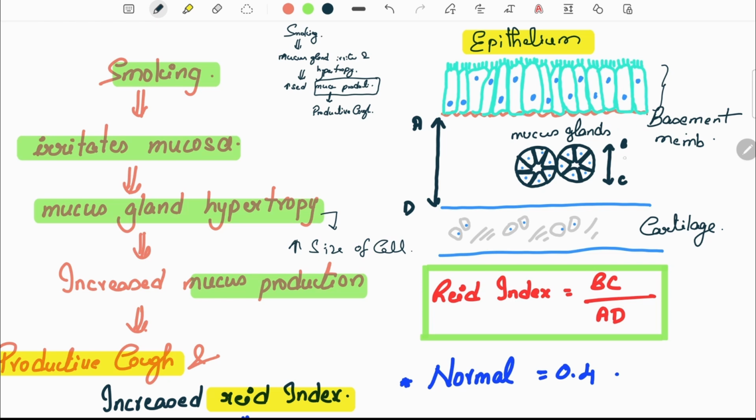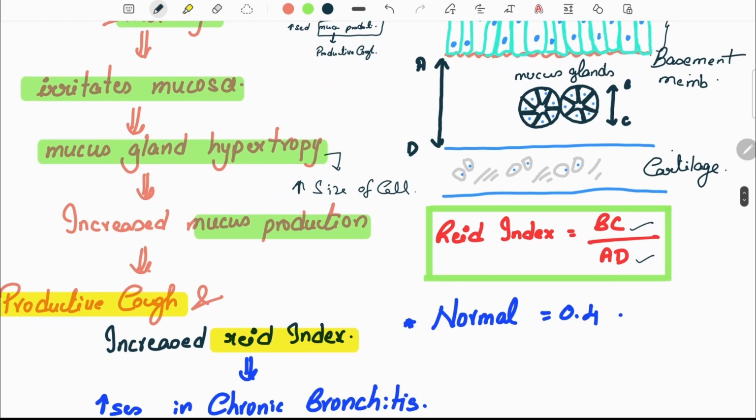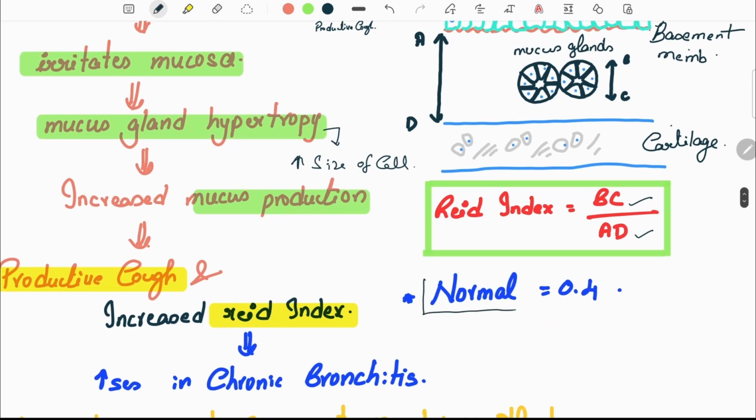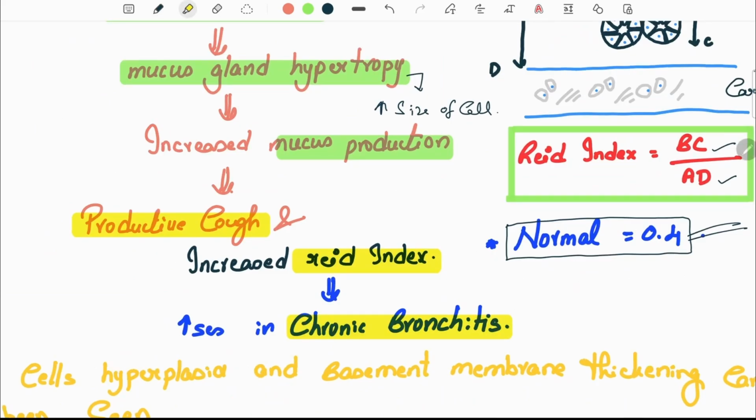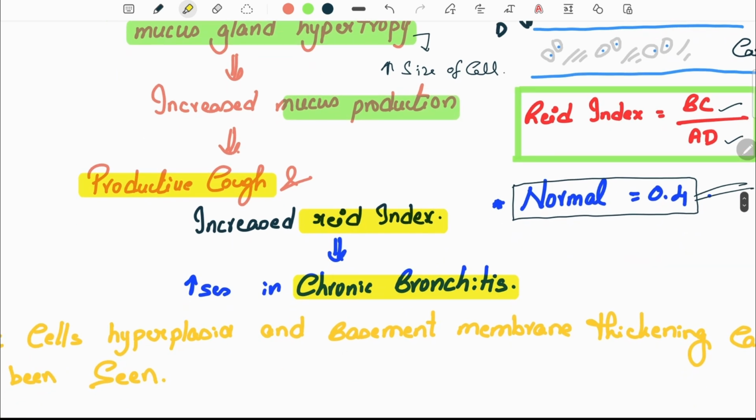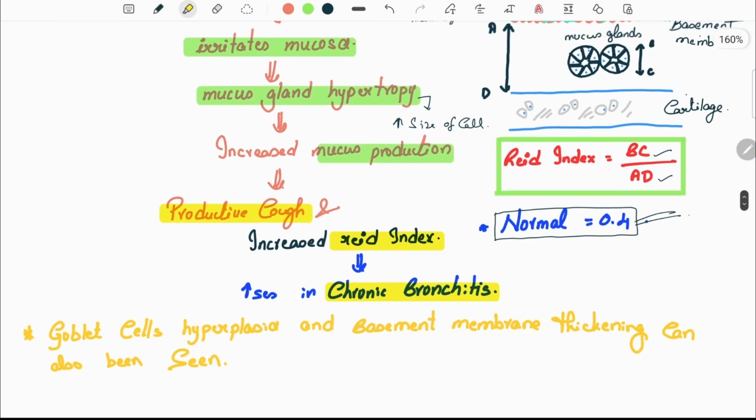BC is nothing but the width of the mucous glands, and AD is nothing but the distance between the cartilage and the basement membrane. So the ratio of these both gives rise to the Reid index, and the normal value is 0.4. It is very important. Please note it down. Okay. In chronic bronchitis, there will be increased Reid index. The normal Reid index is 0.4.